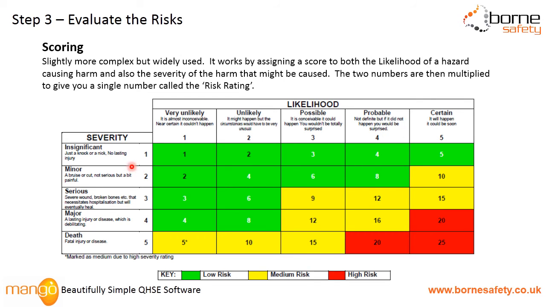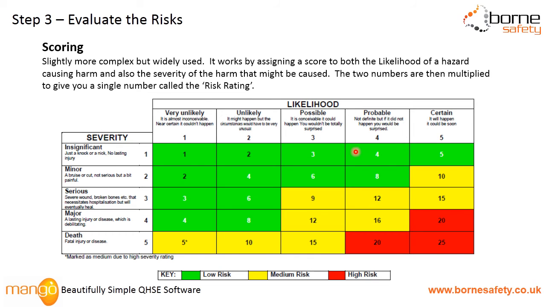So let's give it a 4. We're going to score it a number 4 for the likelihood. And the outcome is probably going to be fairly major if left in this condition, because it's going to cause some lasting disease, potentially debilitating disease. Could be tinnitus, hearing loss, that sort of thing.